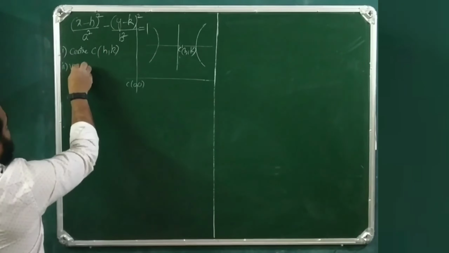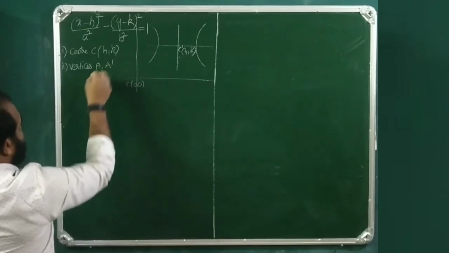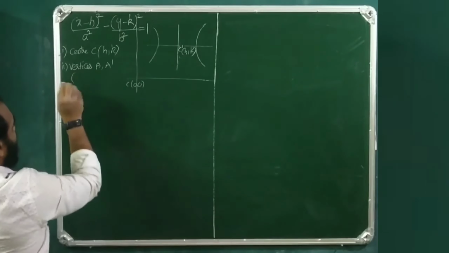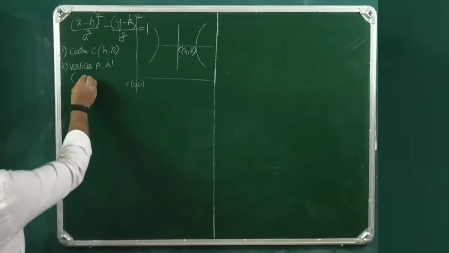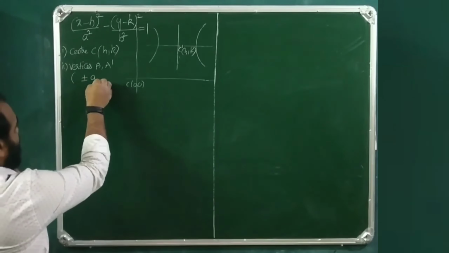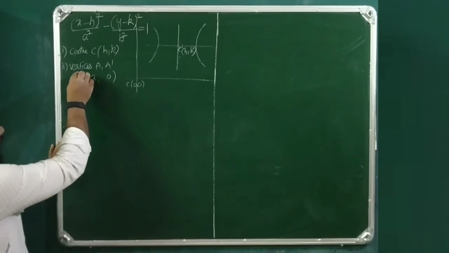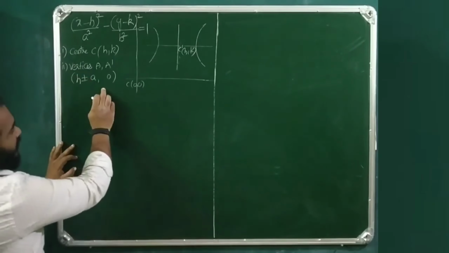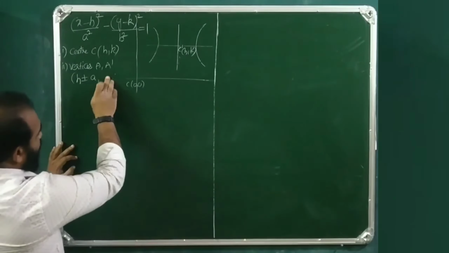Vertices A and A dash: earlier we have learnt A and A dash to be plus or minus a comma 0. So with the x coordinate h will be added, and with the y coordinate 0, k would be added.